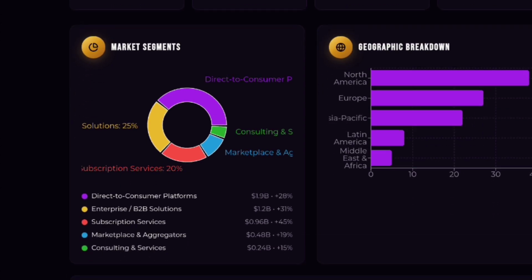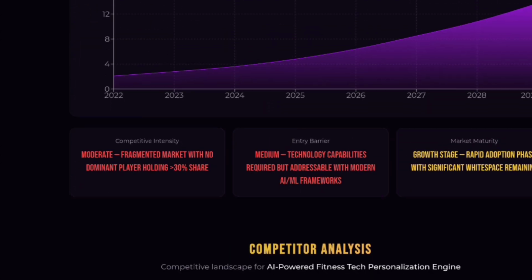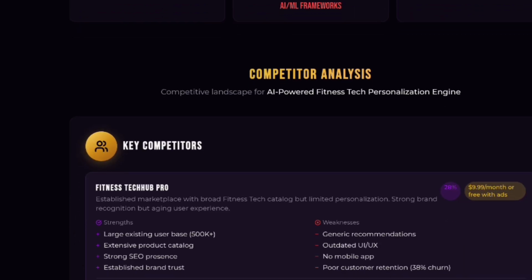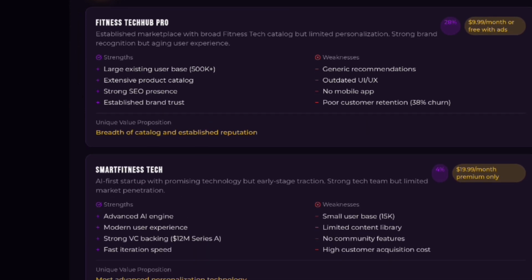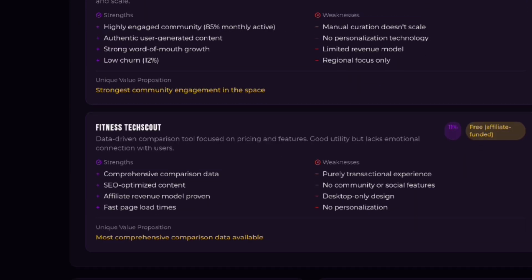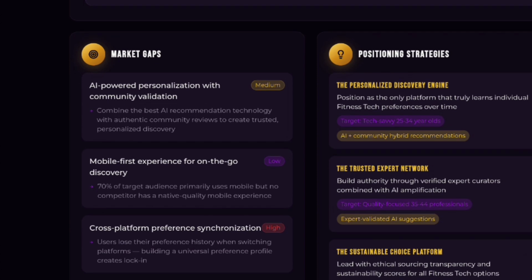You can show direct to consumer compared to how you're going to market it here. Management, and then the competitor analysis as well. So it takes you through the whole competitor analysis, establishing the marketplace, what other people are doing, and how you can stand out, and then the market gaps.